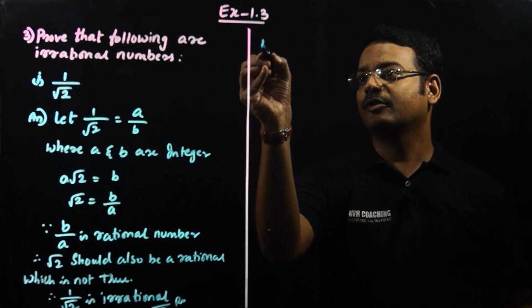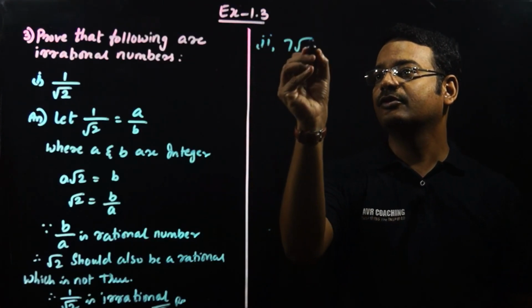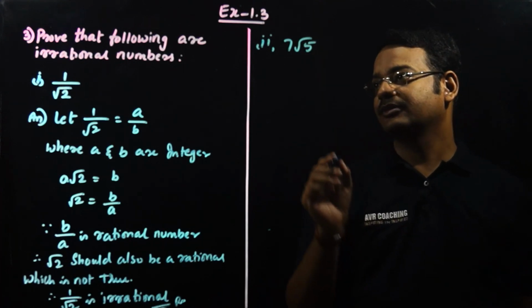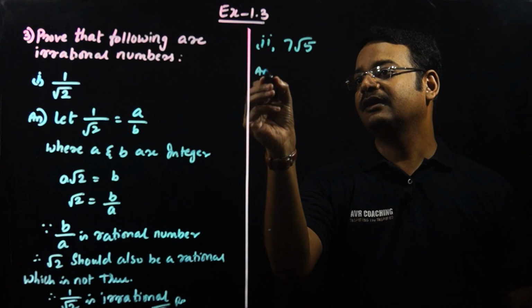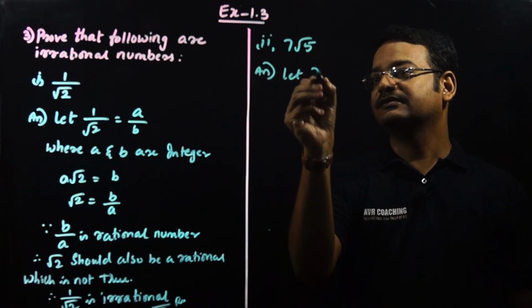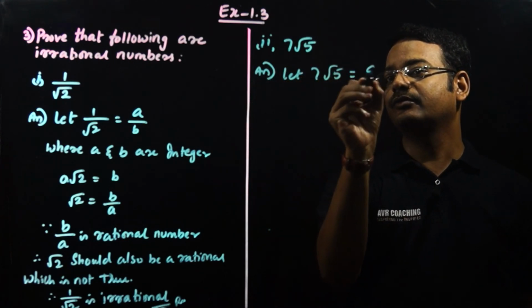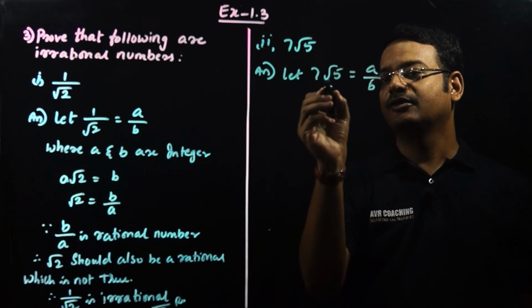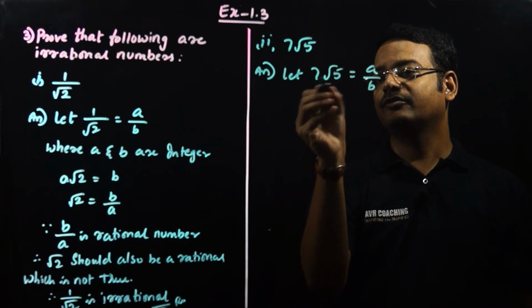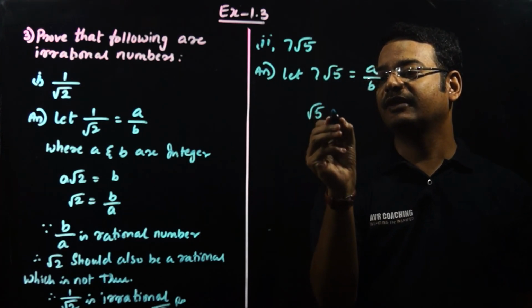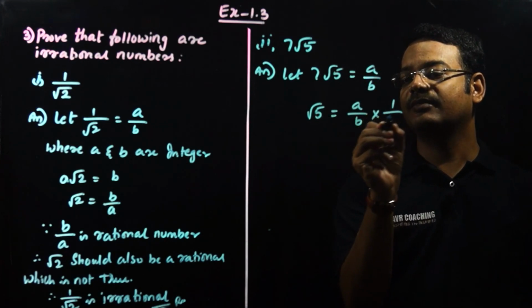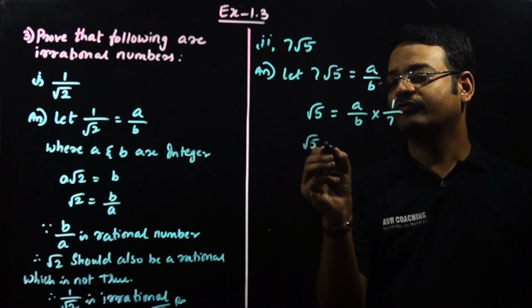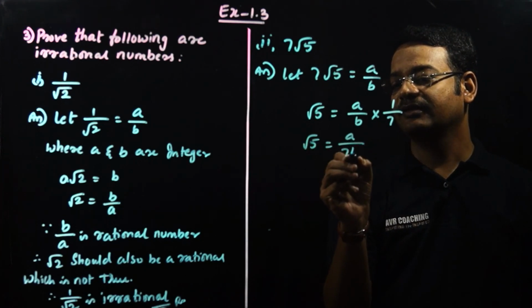Now the second part: 7 root 5. We need to prove 7 root 5 is an irrational number. So we take, let 7 root 5 equal to a by b. When we cross multiply, root 5 equals a by b into 1 by 7, or root 5 equals a by 7b.